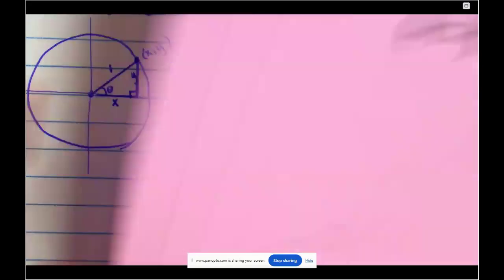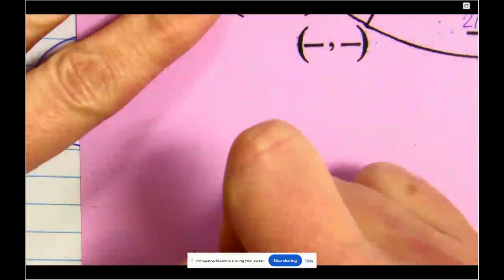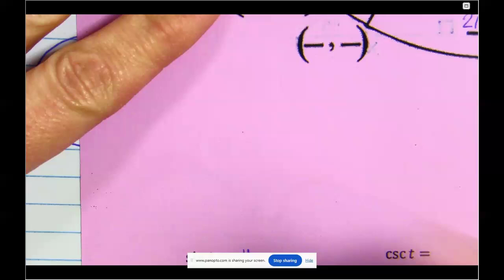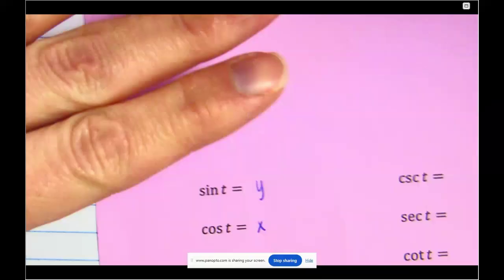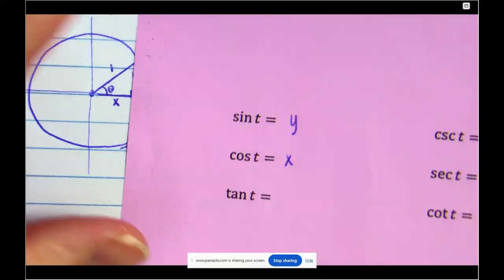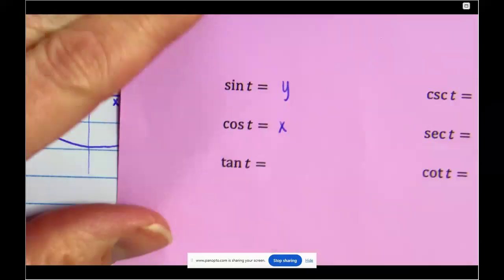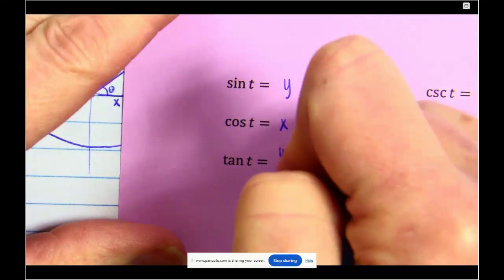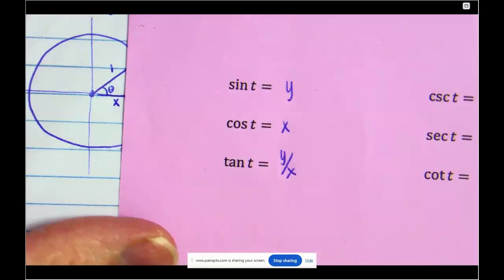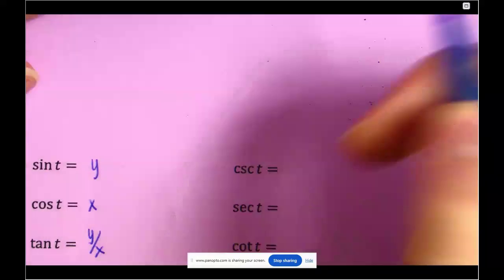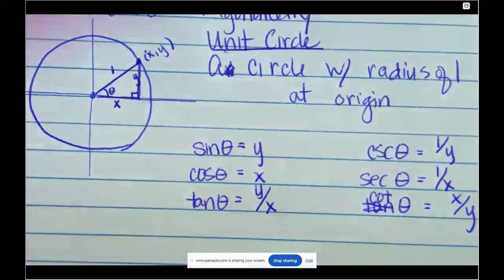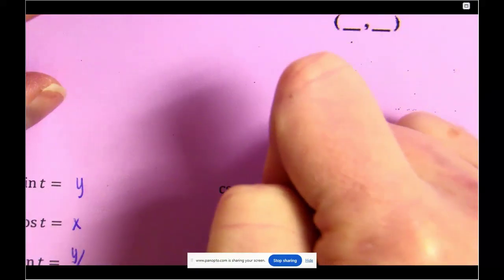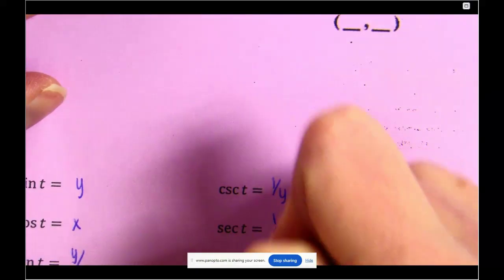So the sine is y. The cosine is x. This is the bottom left of the circle page. The tangent is y over x. The cosecant, I don't know why I'm telling you. You have it written down.